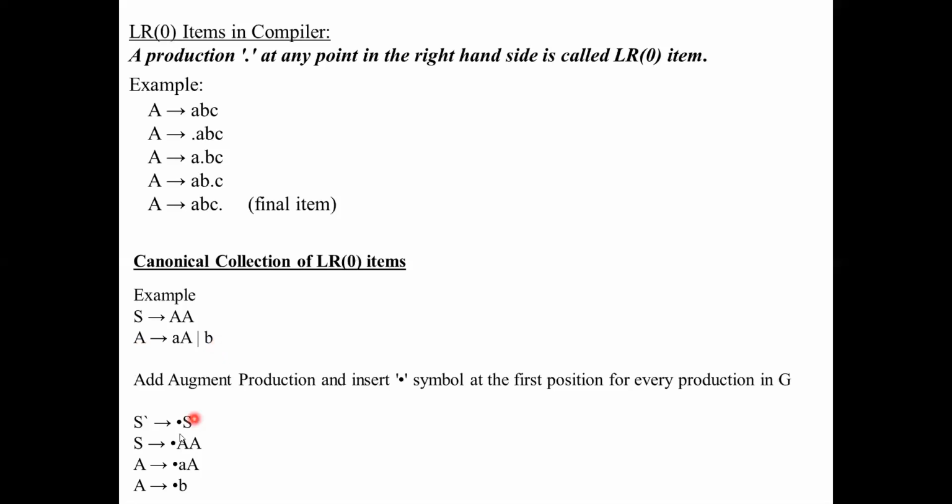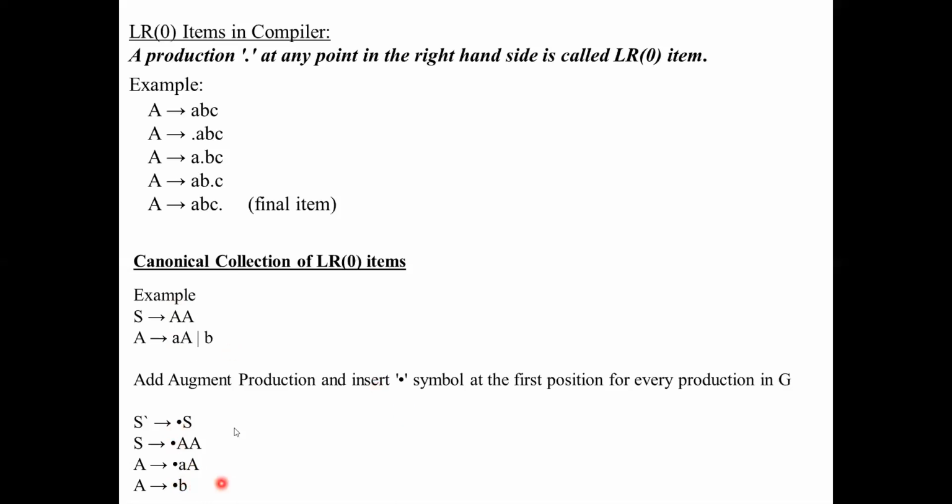Now how do we generate the LR0 items? We put the dot at the starting place of the right hand side. So S dash tends to dot S, S tends to dot AA, A tends to dot small a, capital A, and A tends to dot B. I hope this part is clear.